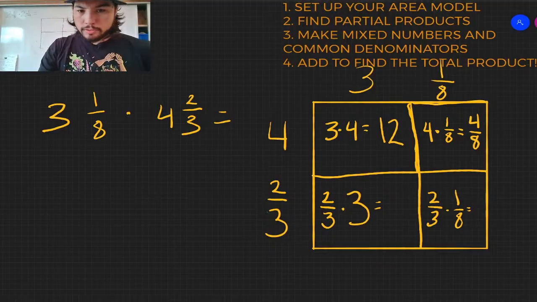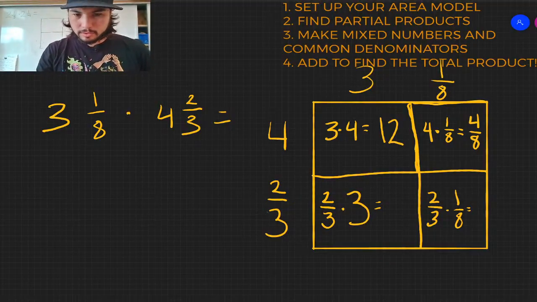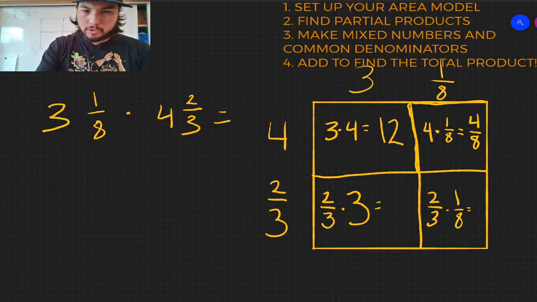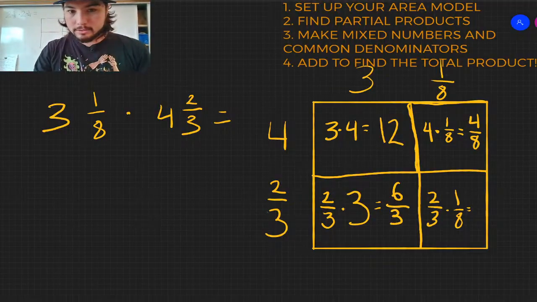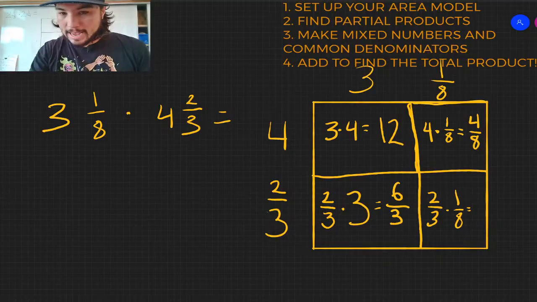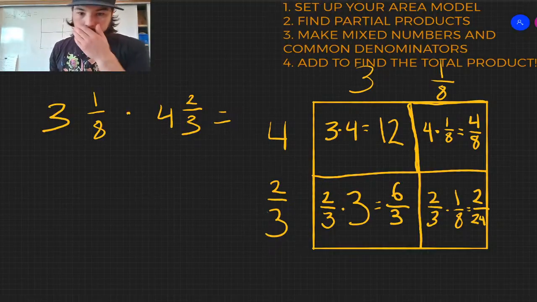Okay. 2/3 times 3. So 2/3 plus 2/3 plus 2/3. 2 plus 2 plus 2 is 6. And we're still in thirds, so we're going to leave it as 6 thirds. Lastly, 2/3 times 1/8. We'll go straight across here. 2 times 1 in the numerator is 2. 3 times 8 in the denominator is 24.